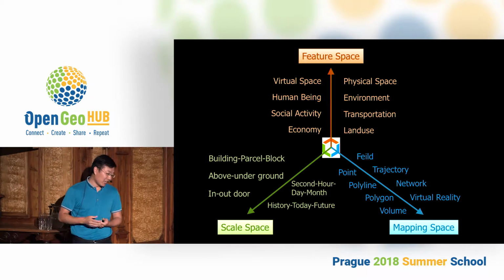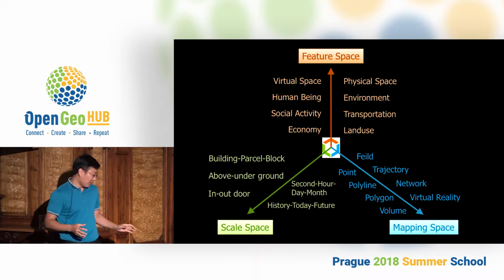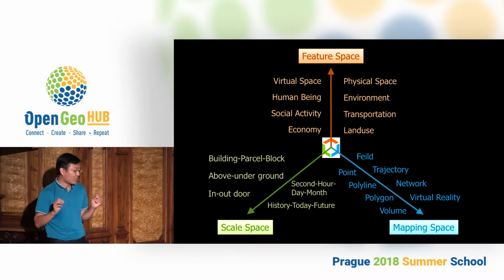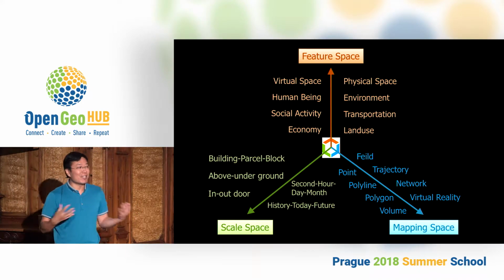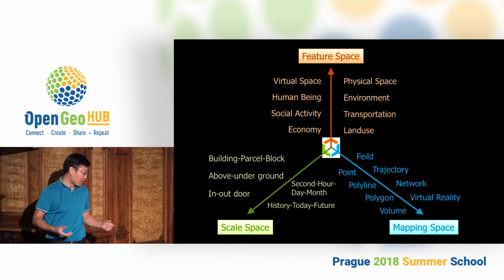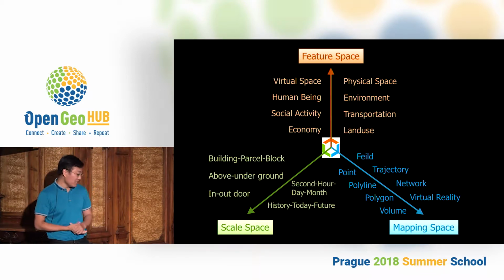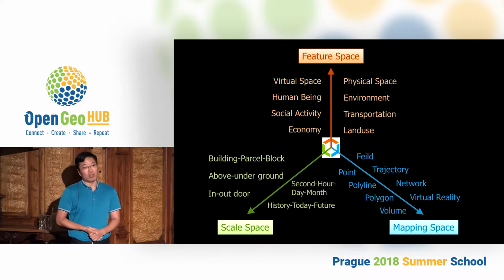Here is the explanation. Feature space means we study the variety of our cities, including the physical city and the virtual city, from environment, land use, transportation, and human beings to economy.